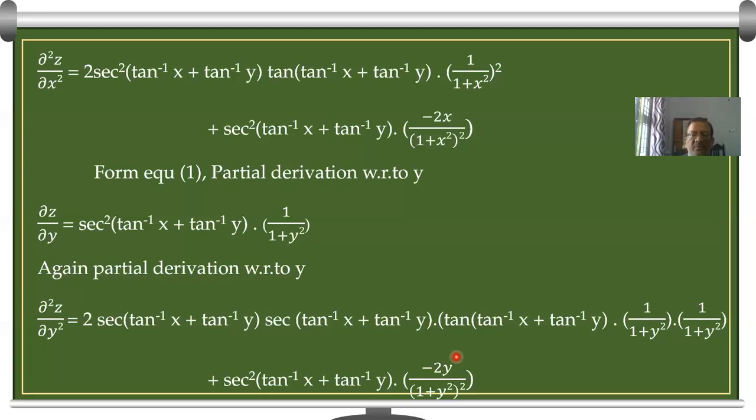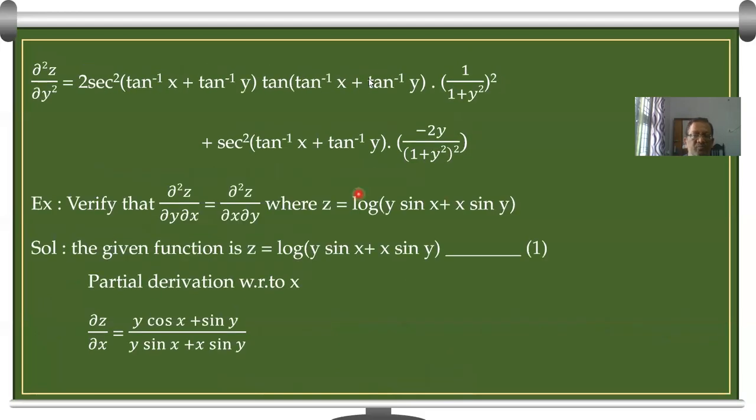Now therefore the total value becomes 2 into sec square of (tan inverse x plus tan inverse y) into tan of (tan inverse x plus tan inverse y). And the term is repeated 2 times, therefore 1 by (1 plus y square) whole square, it is as it is, and the remaining thing. Okay, here it is nothing but the second order partial derivative values.